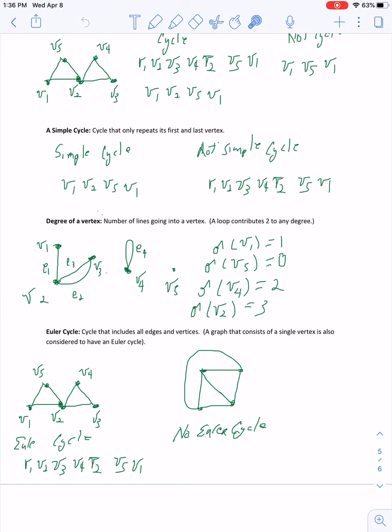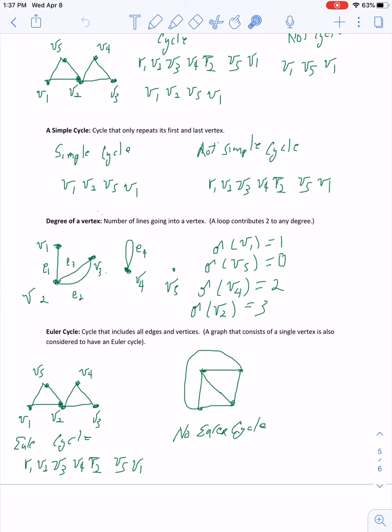That's a cycle, like we saw last time, but it's not a simple cycle. And the reason it's not a simple cycle is because I go V2 here and V2 there. So there's an example of a simple cycle.